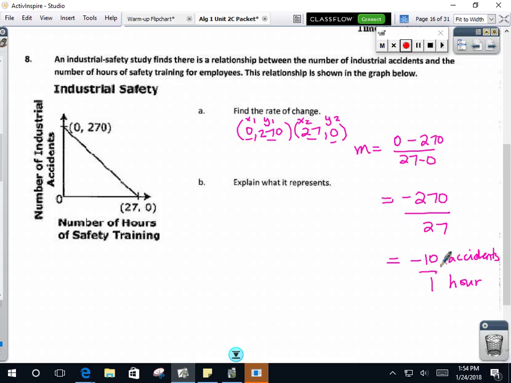Yes, you can. For every 1 hour of training, there are 10 less accidents. They're saying, like, to reduce the accidents that are occurring, they've made their employees do the safety training, and they've discovered that for every hour of training, there are 10 less accidents than there were before the training was started.